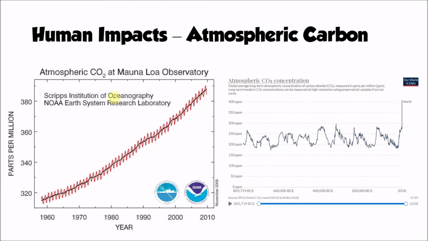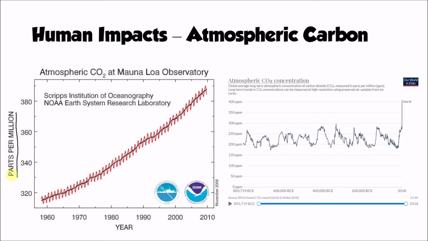This is an observatory that's been taking very, very long records of carbon dioxide to see how they have been changing over time. And we can see that since 1960, the concentration of carbon dioxide in our atmosphere has gone up from around 320 to over 400 parts per million. That is the unit of measurement that we give when we're referring to the concentrations of carbon dioxide.